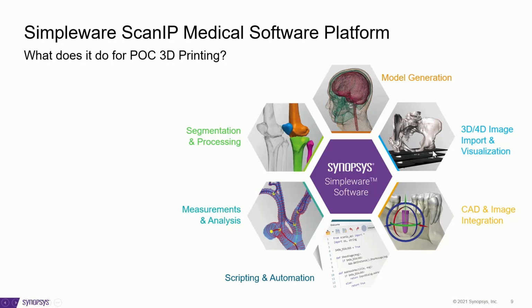You have CAD and image integration, so you can bring in CAD geometries as well. There is quite a bit of scripting and automation, with scripting in C# and Python to automate your workflows. We also have machine learning based AI tools to fully automate the segmentation process, and those are on the Simpleware platform.